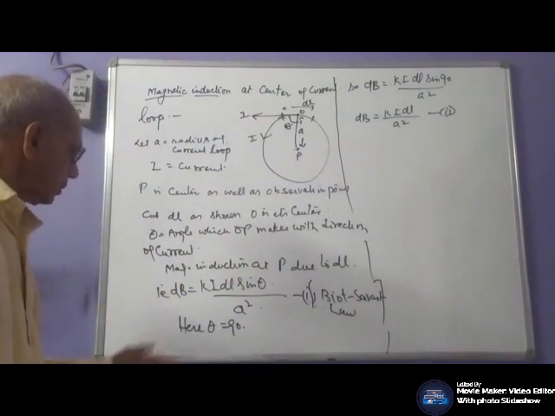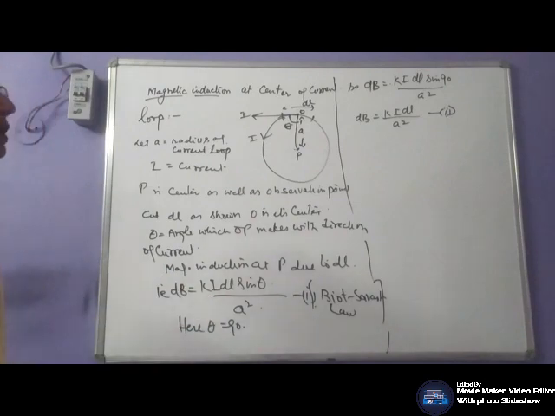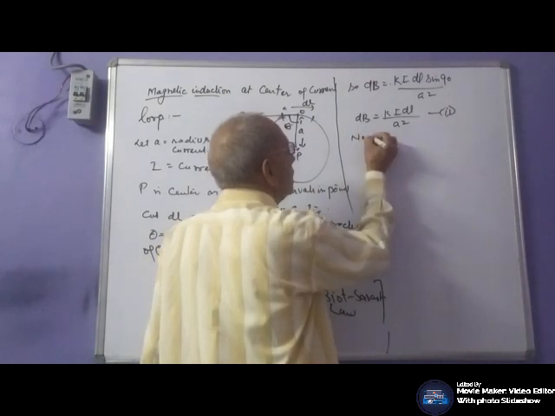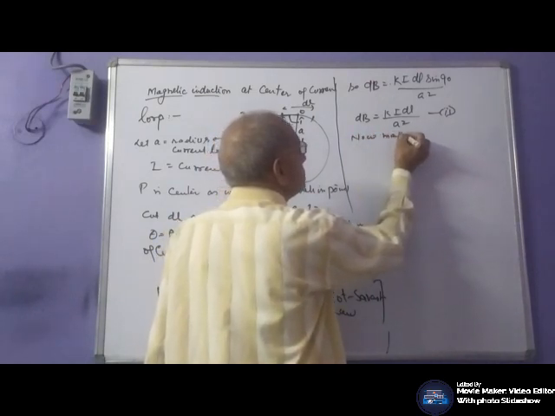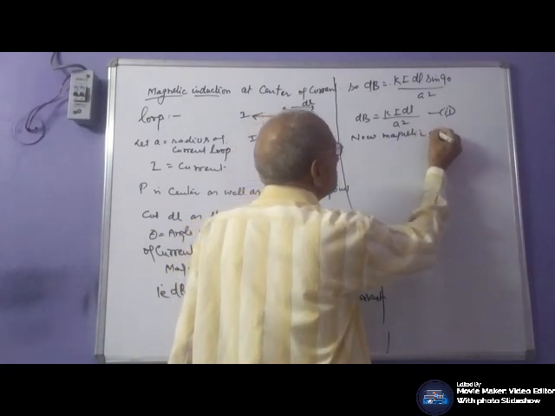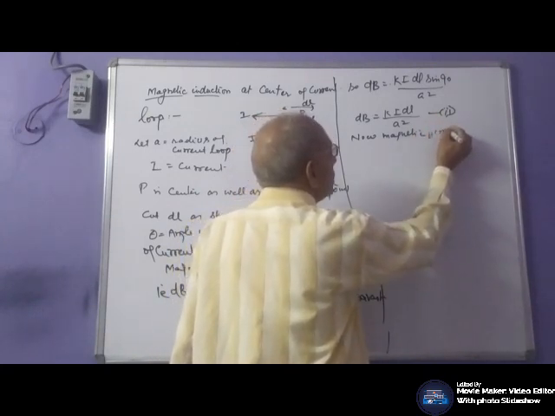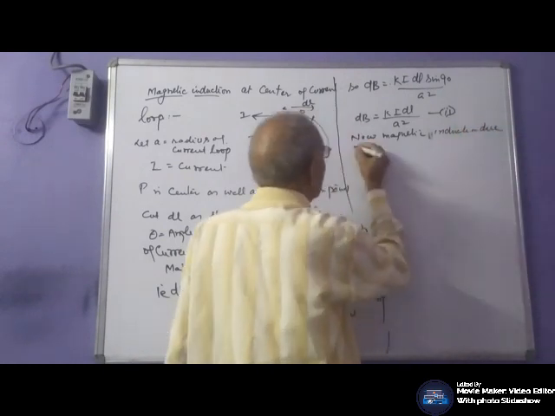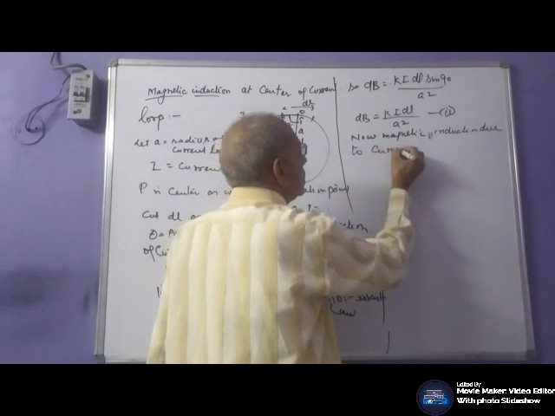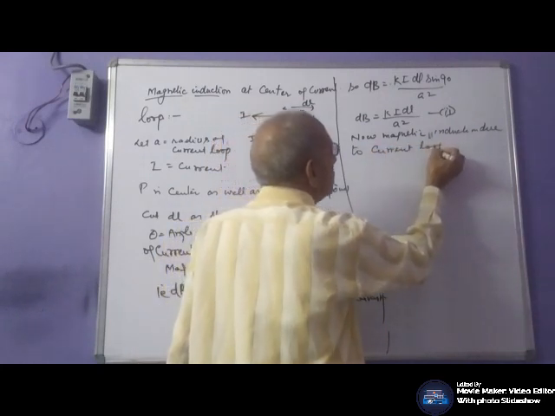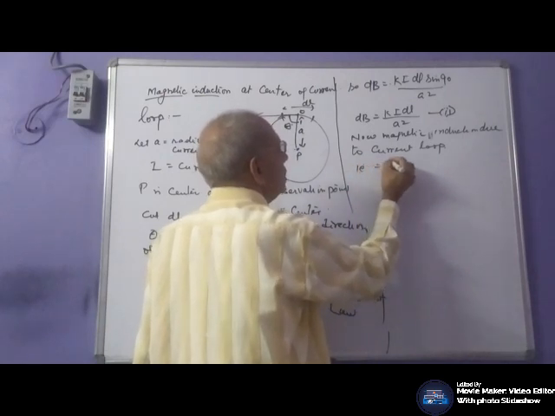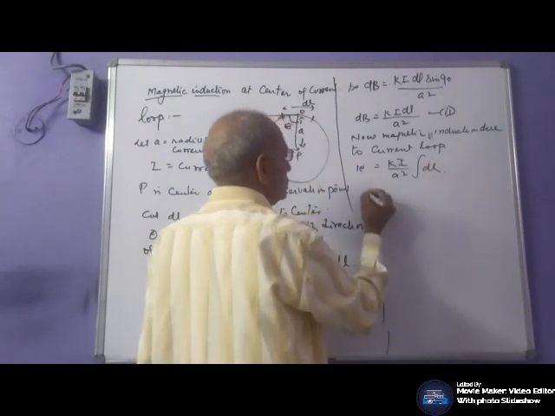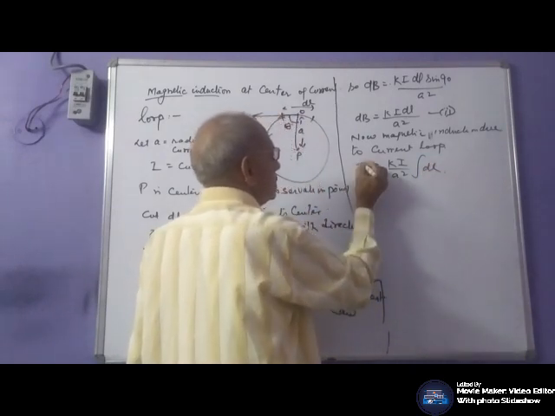What we have done? We have applied Biot-Savart Law. Now the magnetic induction due to the current loop, that is B: K, I, a square common, integrate dl.